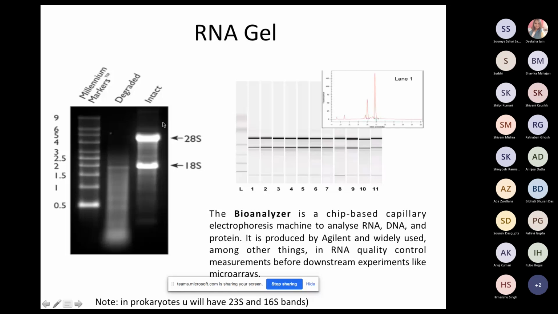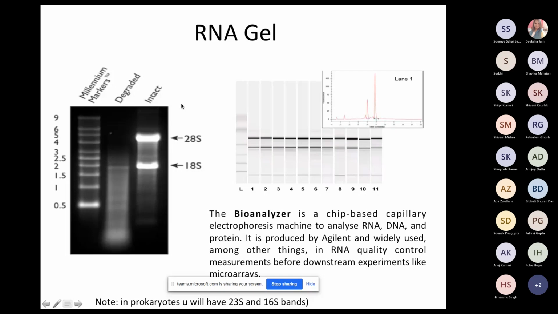When you run it on a gel, you will have some mRNAs which are very big, while some mRNAs will be very, very small. And towards the end, we also see microRNA and other small RNAs which are present at the base. So that's why we get a whole range of this very light smear at the back.